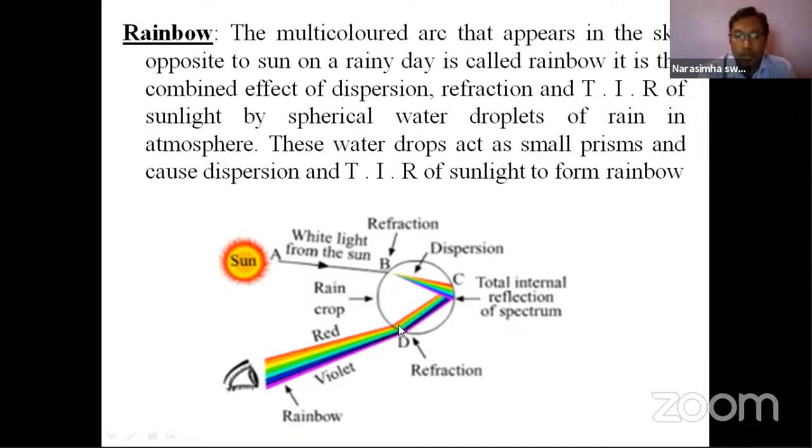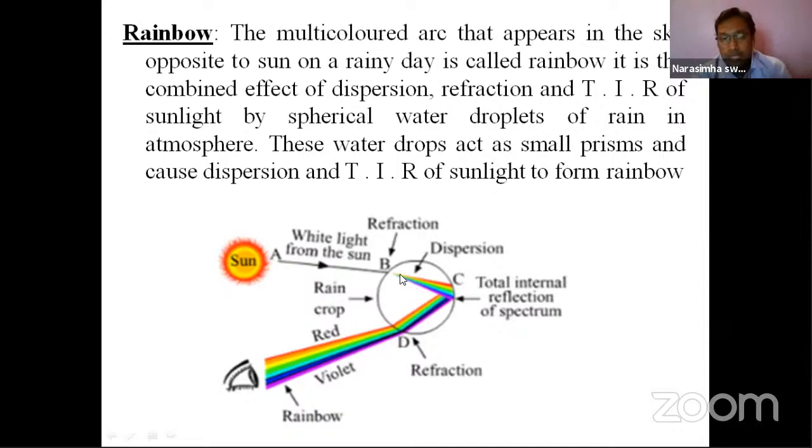Now this angle is not related to total internal reflection or the critical angle. So they come out, as the medium changes here from water to air, and then refraction, the bending, takes place.